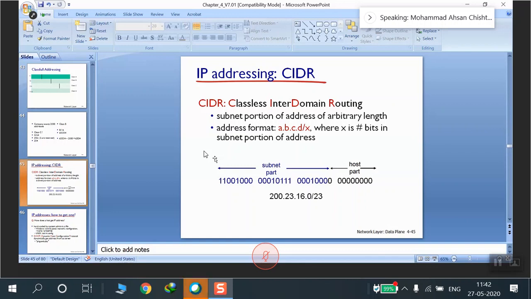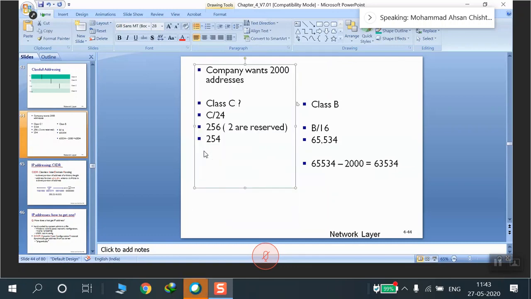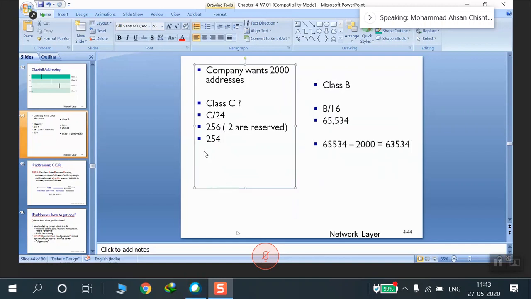So in the previous example that we just took, if we now move from classful addressing to classless addressing, what would we have here? The same question, the company wants these many addresses. Class A gave this many, class B gave this many.